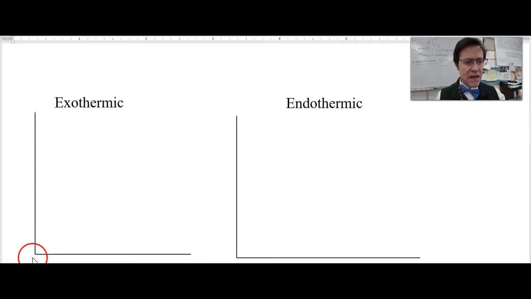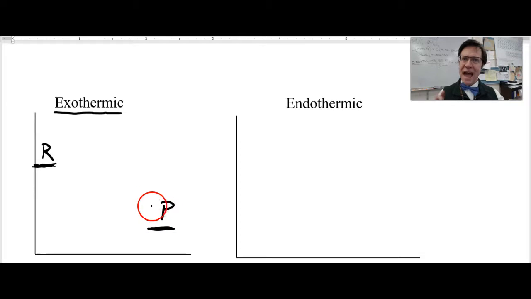Moving right along, let's look at what these potential energy diagrams are going to look like. If we have exothermic, that means we're going to lose energy. So our reactants are going to start arbitrarily higher in energy, and once the reaction is done, our products are going to have low energy. However, in order to make a chemical reaction happen, the reactants have to collide hard enough to break bonds and form the activated complex.